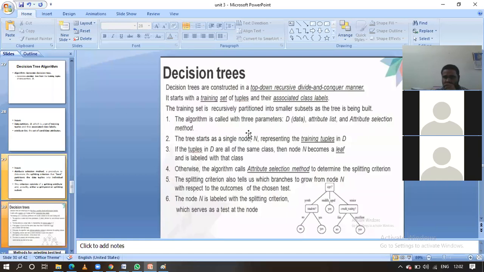Normally, guys, while constructing the decision tree, we have to start with a single node that we call the root node. How are we going to make this? Suppose the tuples in D all have the same value, then that will be a leaf node. For example here, for middle age, all are having the answer yes. That is a leaf node, guys.